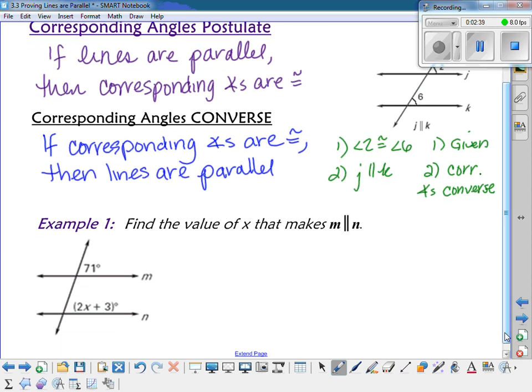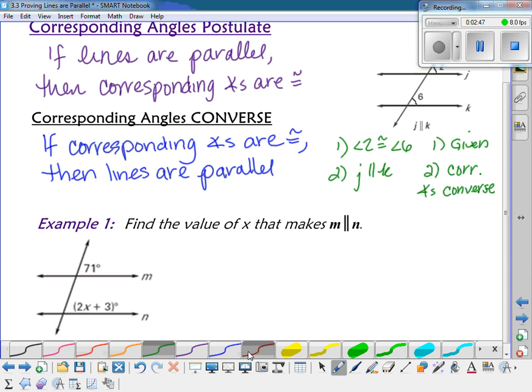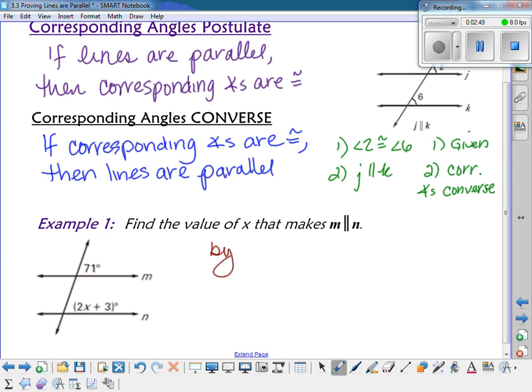So for example 1, we're going to find the value of x that makes line M parallel to line N. So if I use the corresponding angles converse, I know that the angles would have to be congruent, and so their measures would be equal.